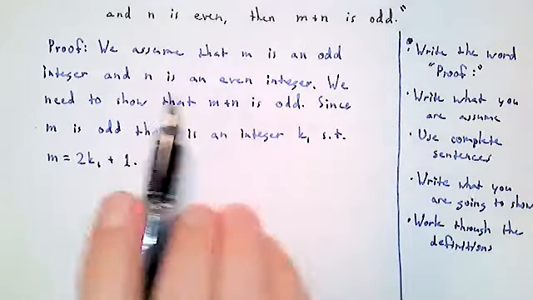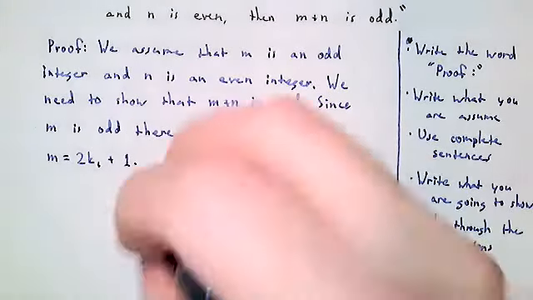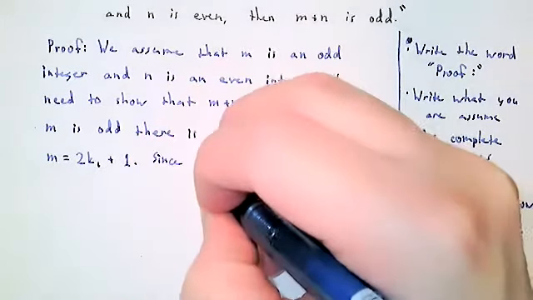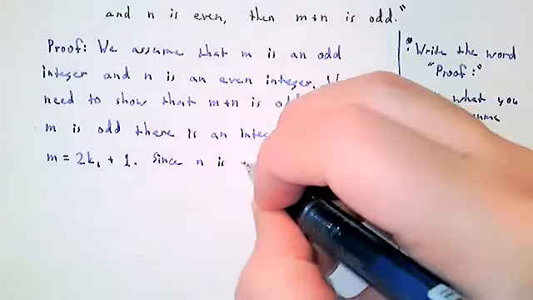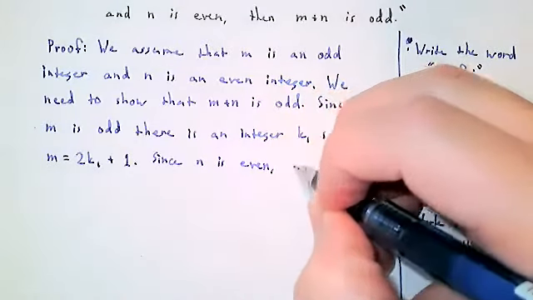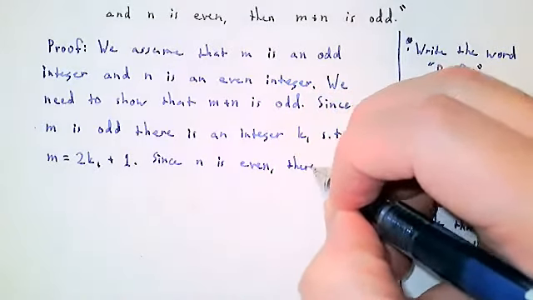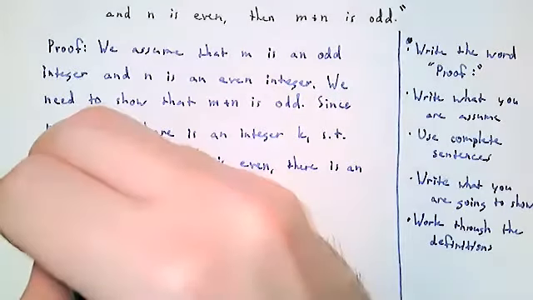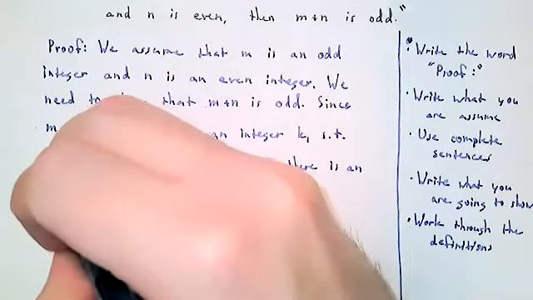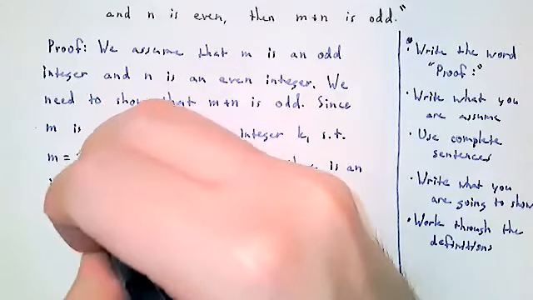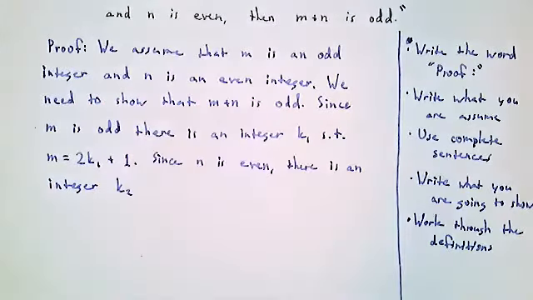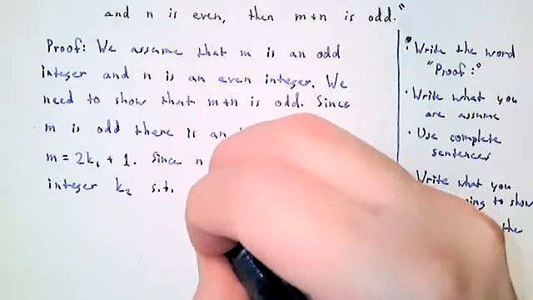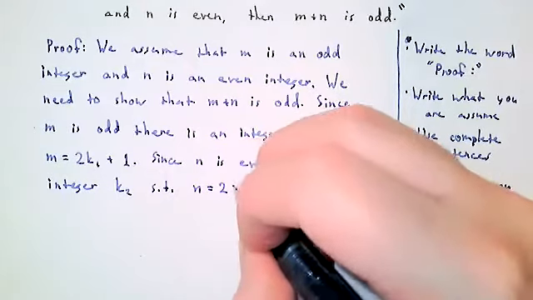We also have a very specific definition for even integers. So since n is even, there is another integer, let's call it k2, such that n is equal to 2 times k2.